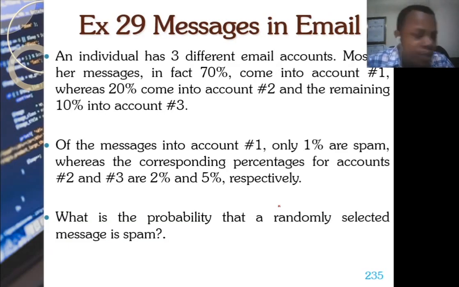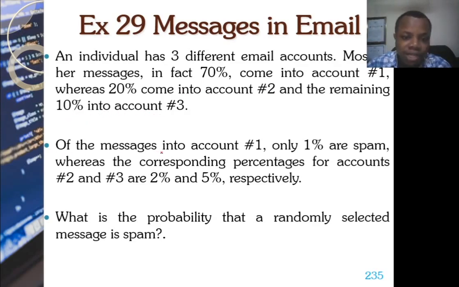Now with this, we are looking at messages and email. We are looking at an individual who possesses 3 email accounts, which in my case is true; I possess about 3 email accounts. Most of my messages, let's say roughly 70%, come into my first account, whereas about 20% come into the second account and the remaining 10% go into my third account.